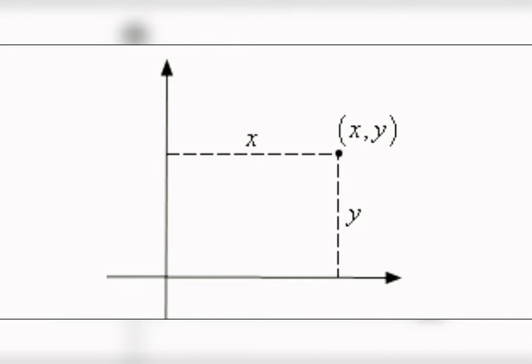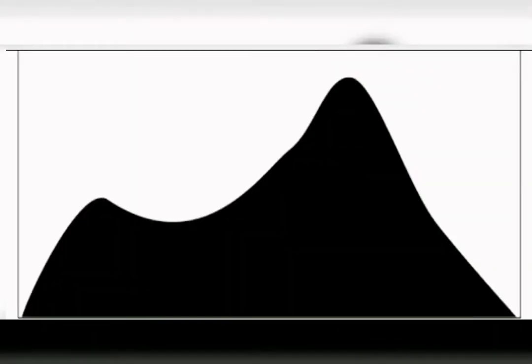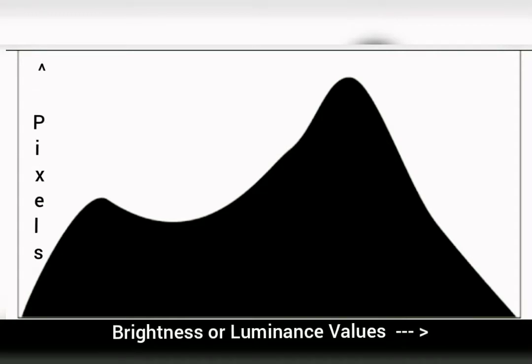Histogram is a graphical representation of two parameters, pixel count and brightness. This is the positive X and positive Y region. Brightness is plotted in the X direction, that is the horizontal line, and pixel count is plotted in the Y direction, that is the vertical line. The x-axis shows the category of brightness values and the y-axis shows the number of pixels at a given brightness value.